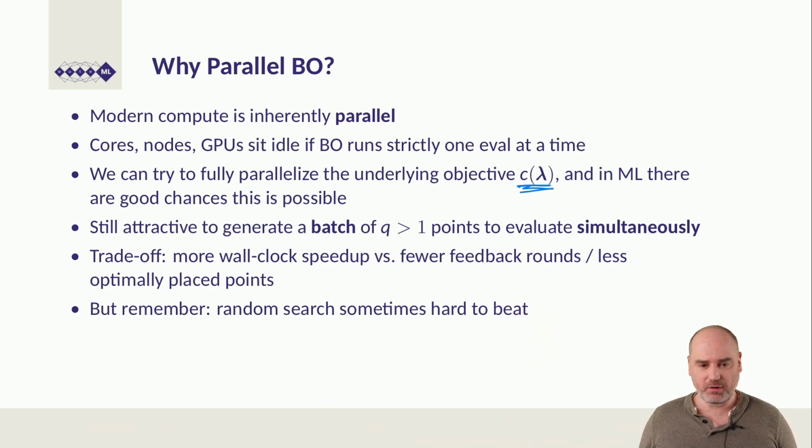In machine learning, there are good chances that this is possible. Usually we resample our models, so there might be multiple cross-validation folds we want to compute, and these are embarrassingly parallel. Maybe we can also parallelize the training of our machine learning model.